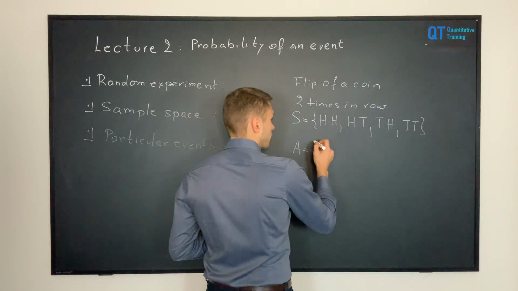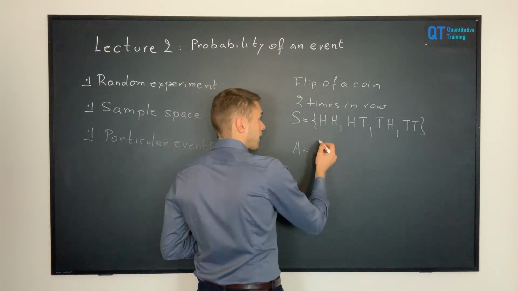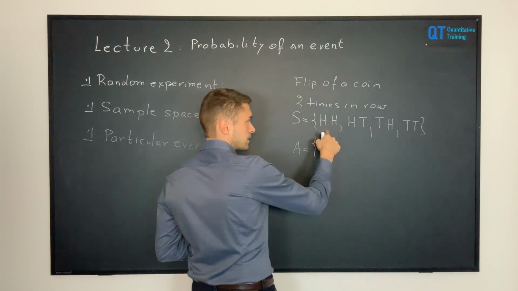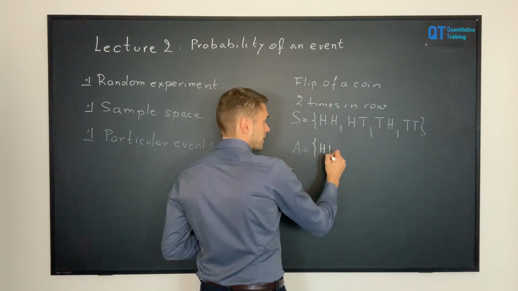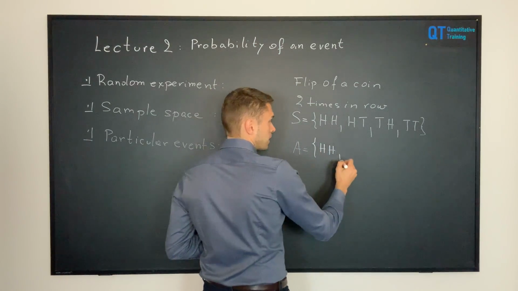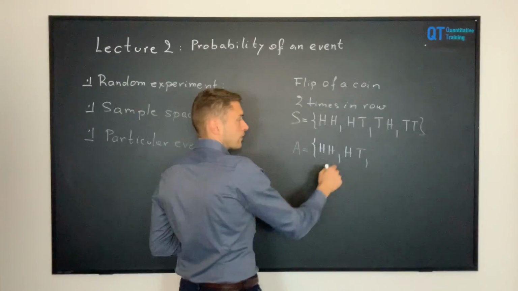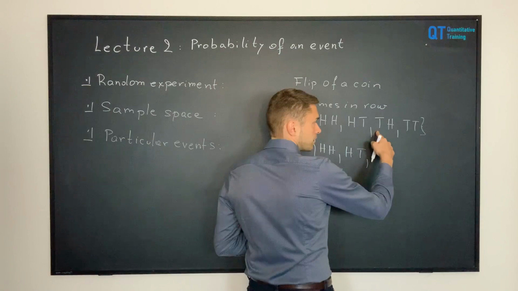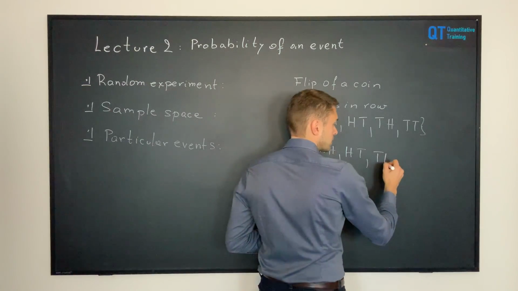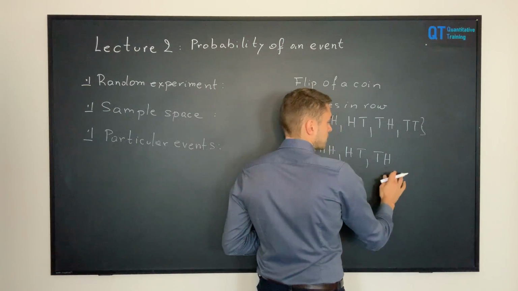We are looking for elements that contain at least one time heads. So it's the first one here: heads and second flip heads as well. We could have first heads and then tails. Here we have at least 1 time heads. The other one is tails and then heads, also at least 1 time heads. And that's basically it.